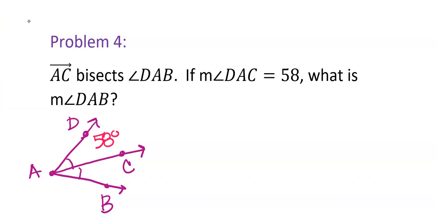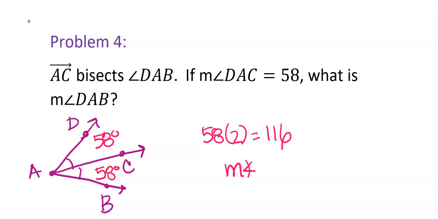They want to know what DAB is, the whole entire thing. Well, if DAC is 58, then CAB is 58. So 58 times 2 is going to be the entire thing, which is 116. So the measure of angle DAB equals 116.